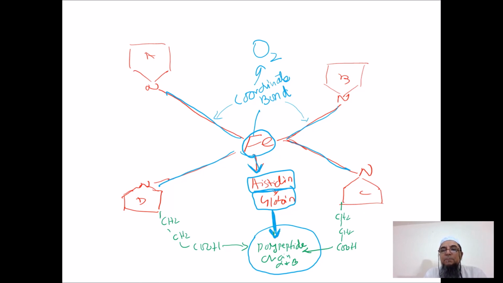Then the 3rd pyrrole ring and the 4th pyrrole ring, at position 6 and position 7, have propionic acid. These propionic acids are also connected with the alpha and beta polypeptide chain.